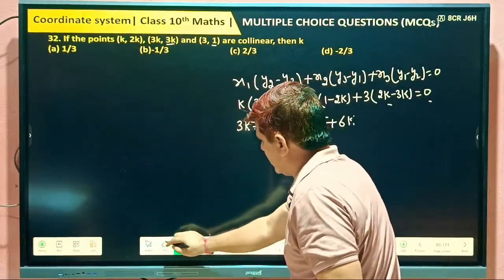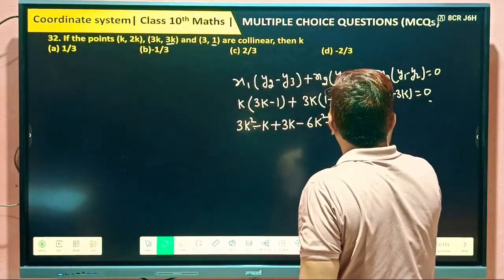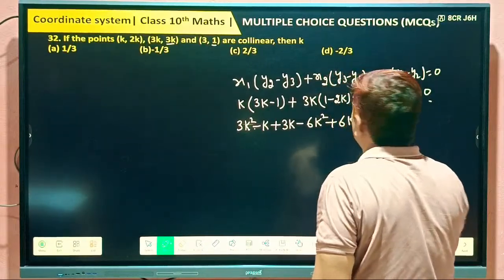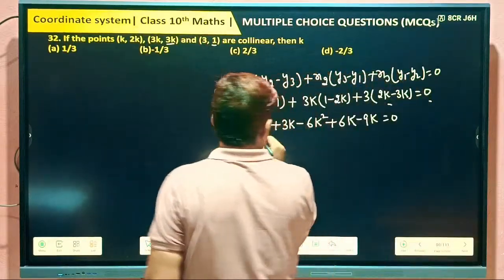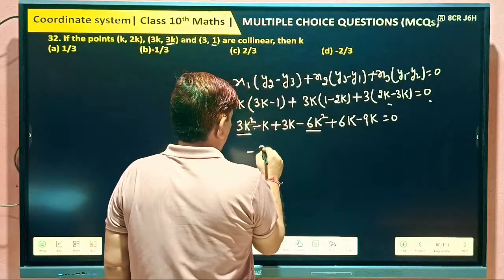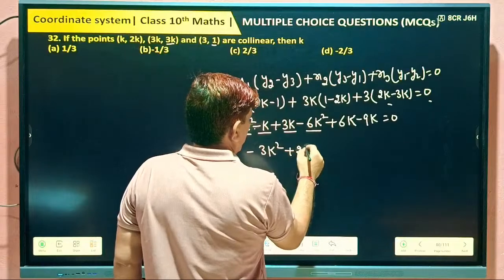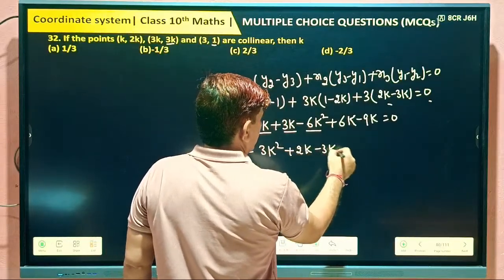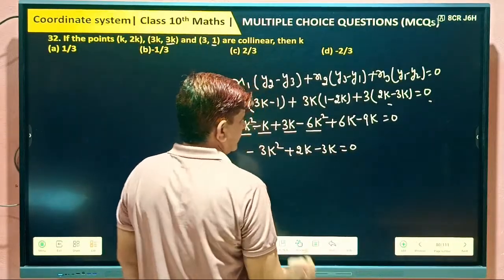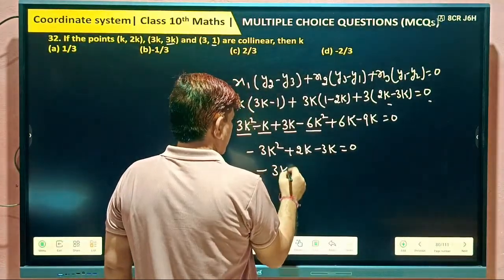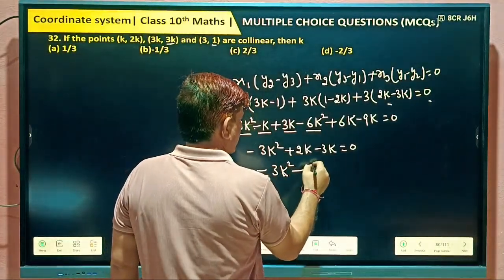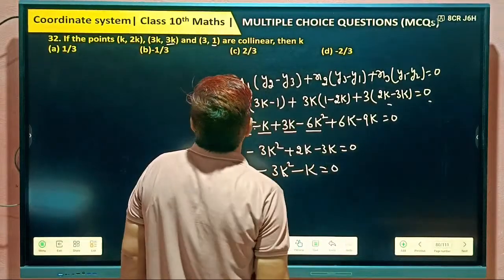Minus 9k we can write if written this way. Otherwise we know another way also. 3k square minus 6k square is minus 3k square, minus k, 2k minus 3k, equal to 0. Minus 3k square minus k equal to 0.